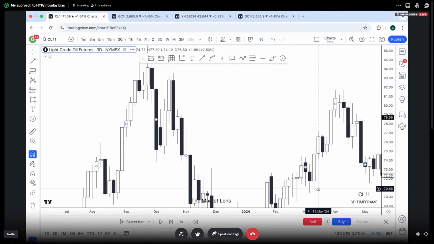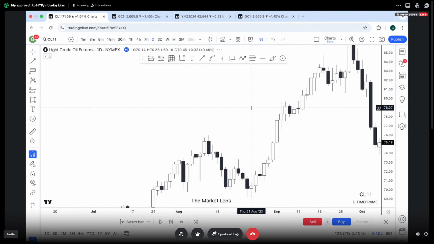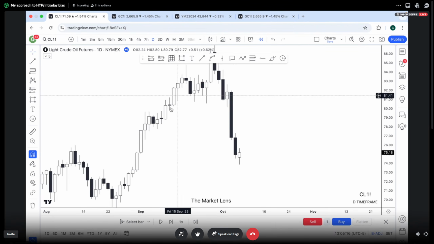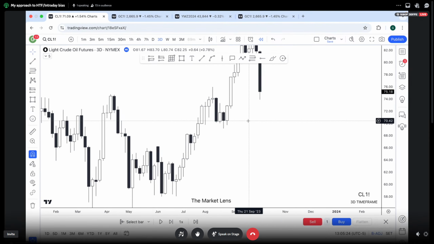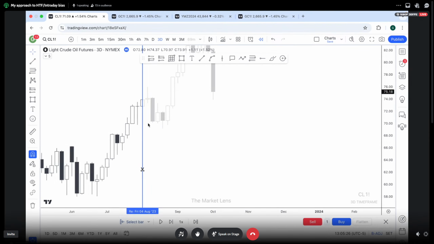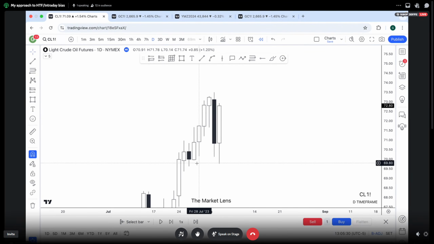Maybe right here is an example of one. See, right here, you don't even see a fair value gap.